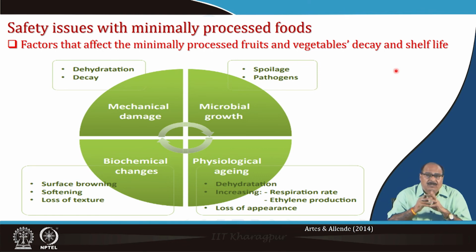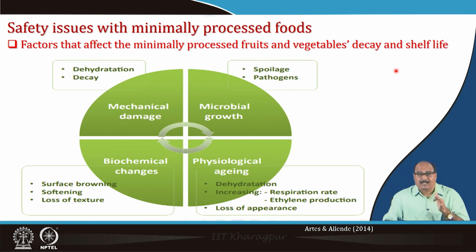So, that becomes very important in minimal processing: whether we use non-thermal or thermal processing or packaging technology, the treatment should be done in such a way that biochemical changes, physiological changes, microbial growth and mechanical damage are prevented.